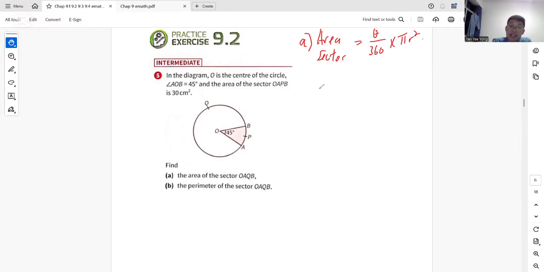In this case, for part A, it's going to be 45 over 360 times pi times r square, equals to 30 cm square.